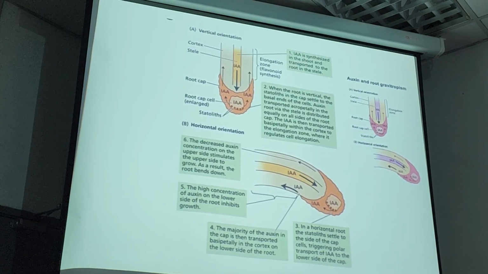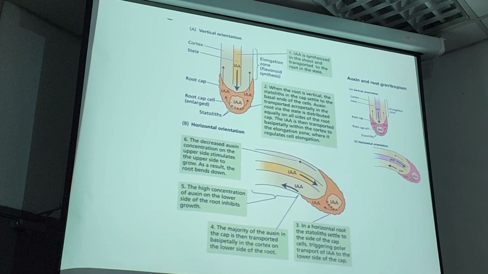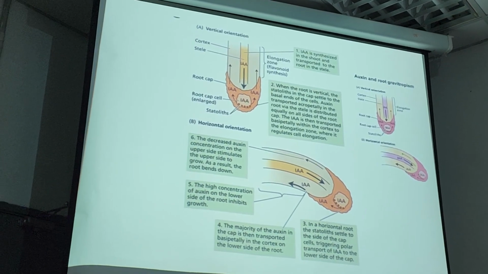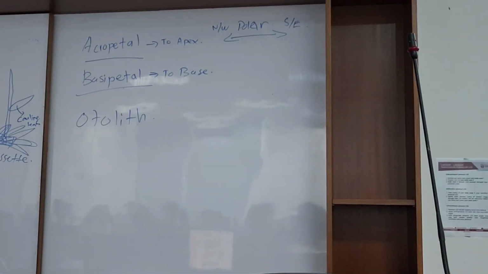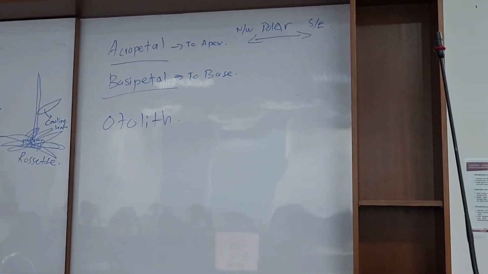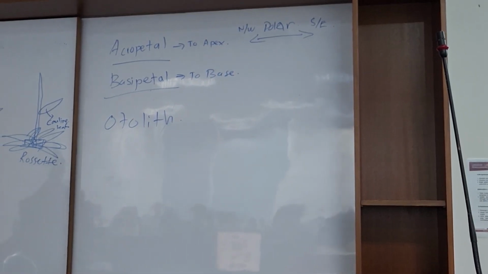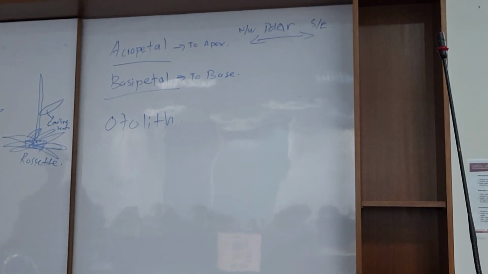However, in humans, it's not called statolith. It's called otolith. You have this in your ears. You know your ears have stones? Yes, you actually have stones in your ears. That's how you learn to control your balance.